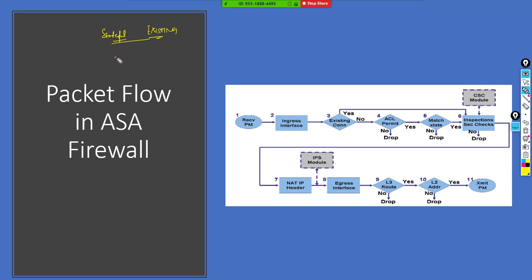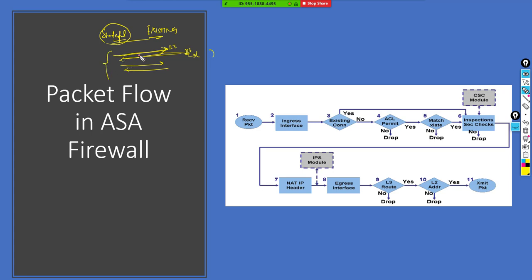Because let's say a connection was already built, and now the response is coming for this traffic only. Let's say this traffic is 123 and I'm getting a response for 123 only. If I don't have stateful connection, this will be considered a new connection.